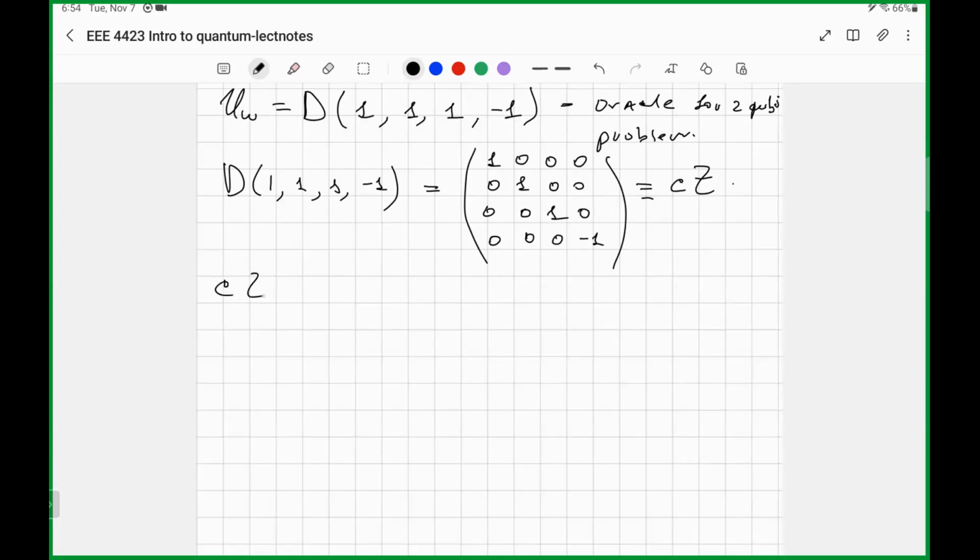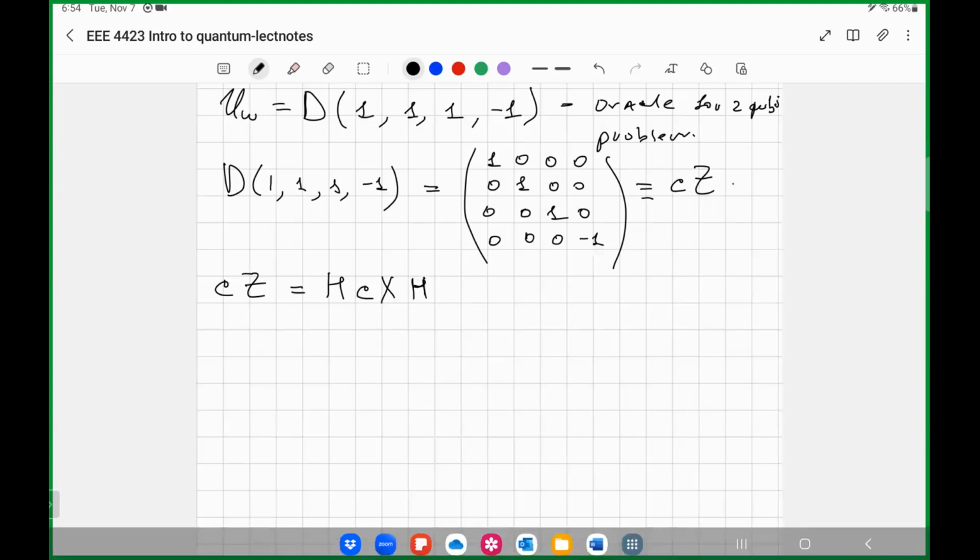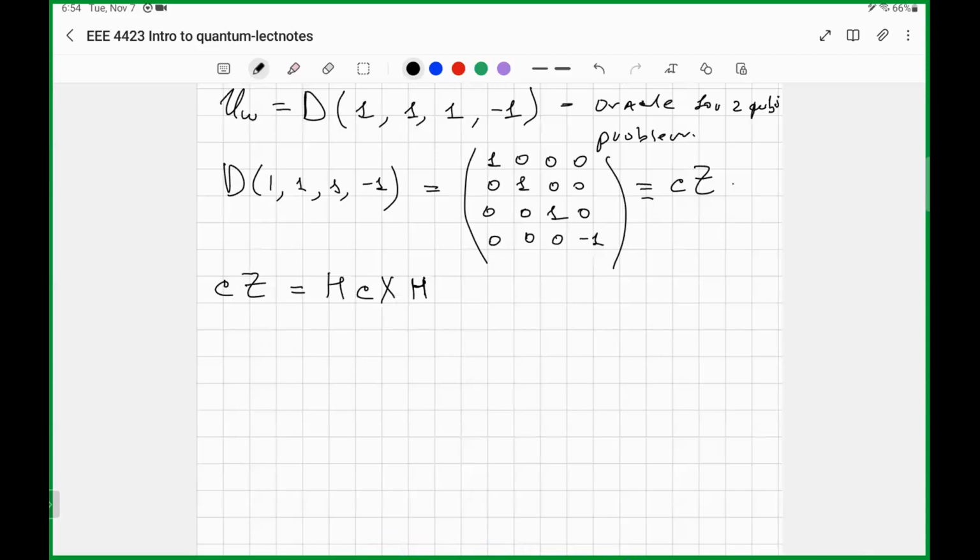So CZ can be represented as Hadamard times control X, and finally times Hadamard again, with the Hadamard gate applied to the target qubit.